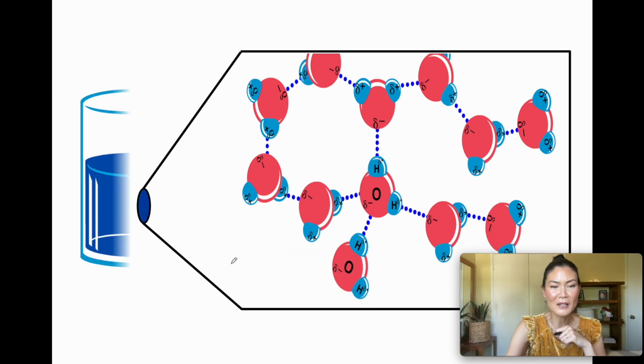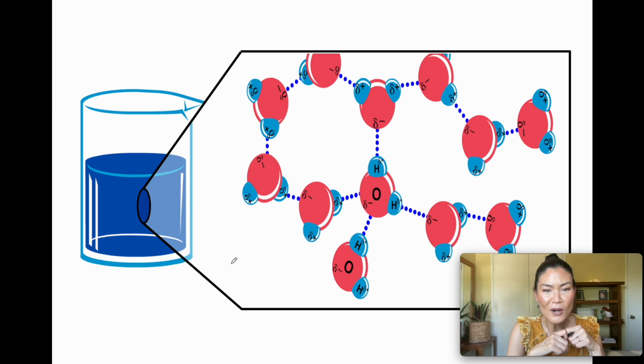Sorry about that, everybody. So in a beaker or a cup of water, you have water molecules. They're all polar, right? You've got the positively charged hydrogens and negatively charged oxygen. They're going to be attracted to other water molecules, because other water molecules are also polar with opposite charges.